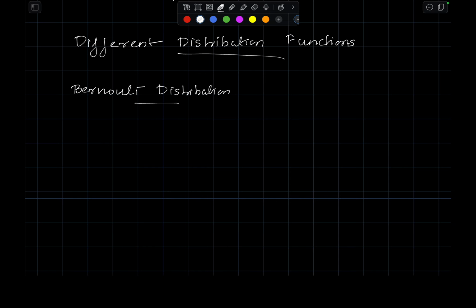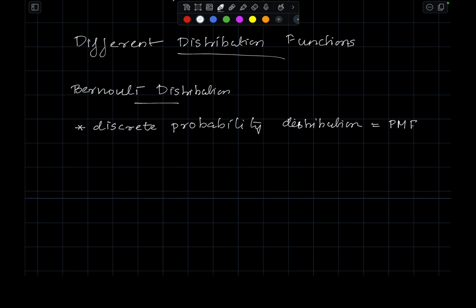So the Bernoulli distribution is the simplest distribution, which particularly looks into discrete random variables or discrete probability distributions. Always remember that when we are looking into a discrete probability distribution, the term we should look into is PMF.